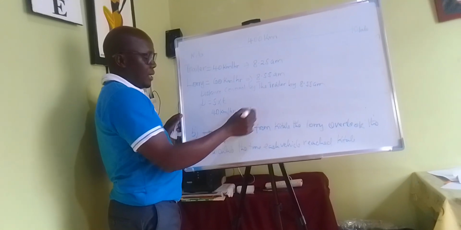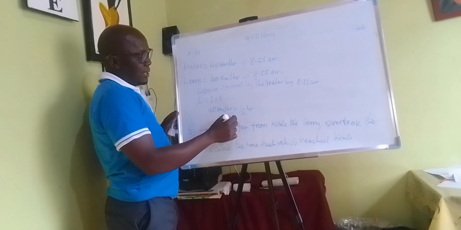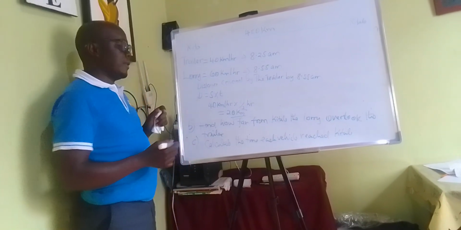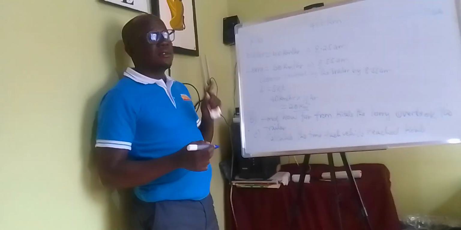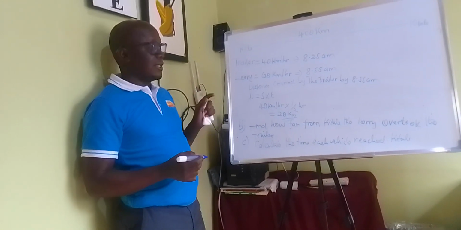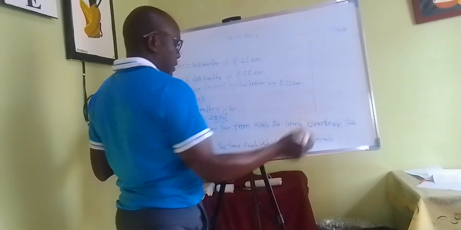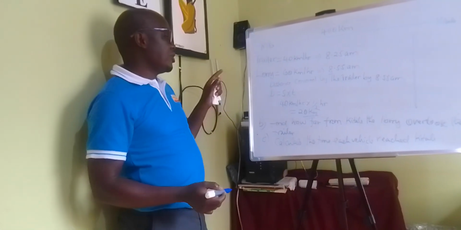When you work this out, you get 20 kilometers. So by the time the lorry is leaving, the trailer has gone 20 kilometers. That 20 is very instrumental in getting the time that the lorry overtook the trailer.